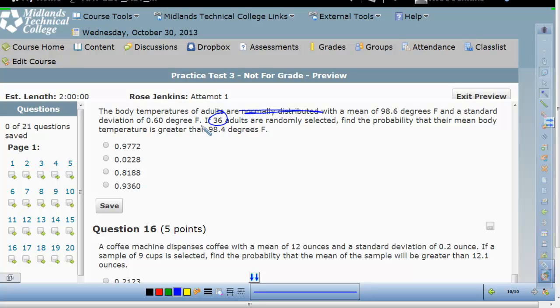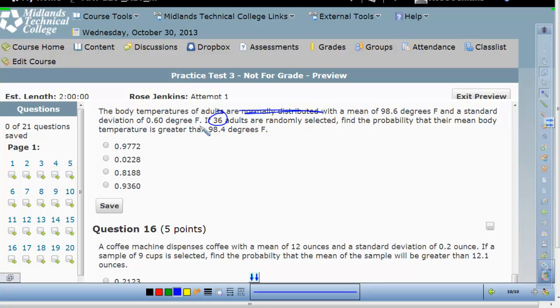That's just advanced statistics, but that is the central limit theorem. When the sample size is greater than 30, we can assume that the distribution of sample means is normal.